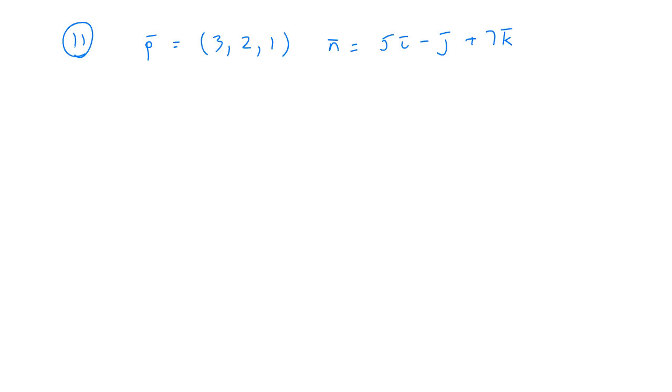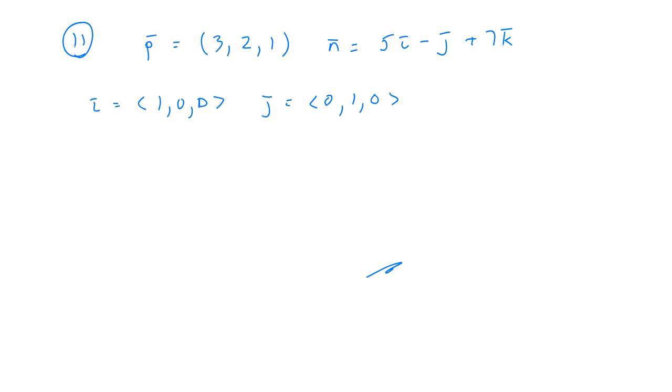And the little extra thing is, if you haven't done physics, I should let you know that this I, J, and K is another way of writing vectors. I is the unit vector in the direction of the x-axis, so 1, 0, 0.